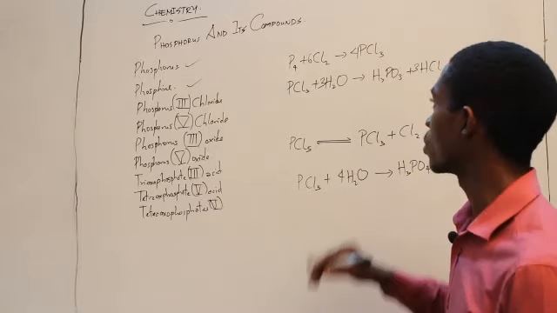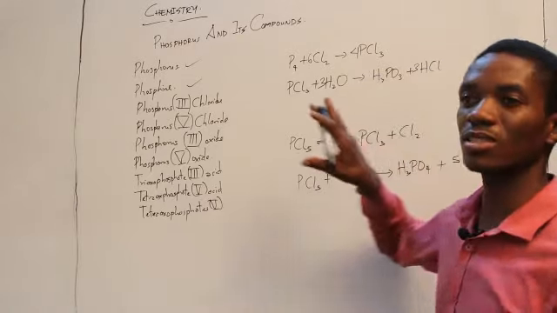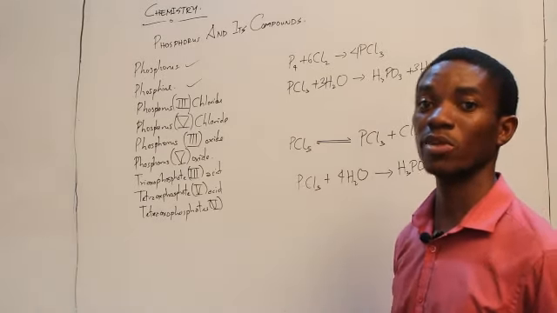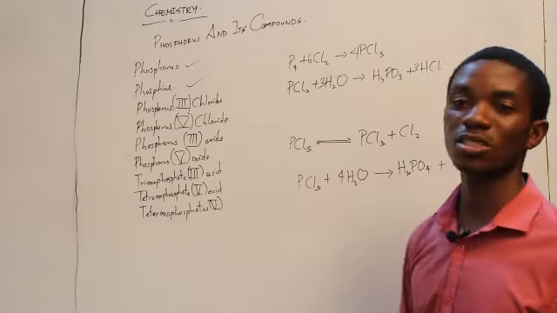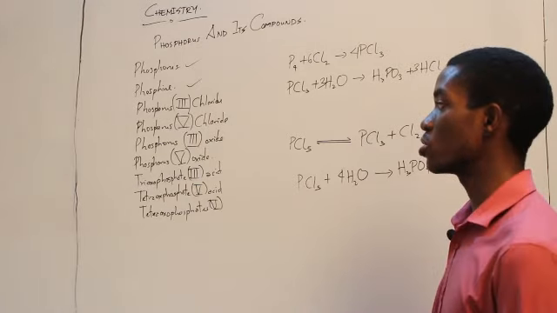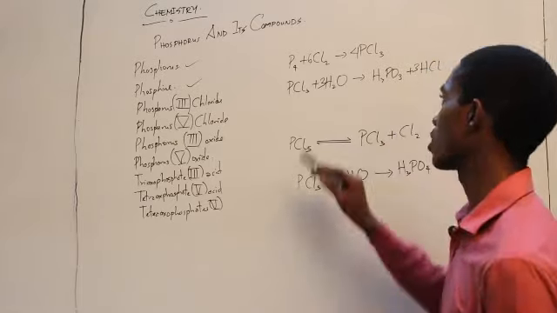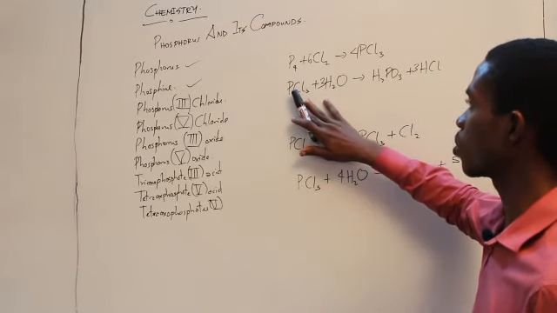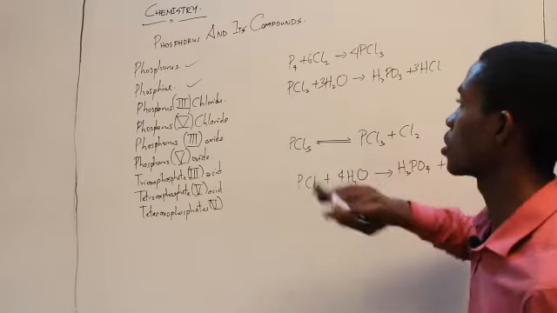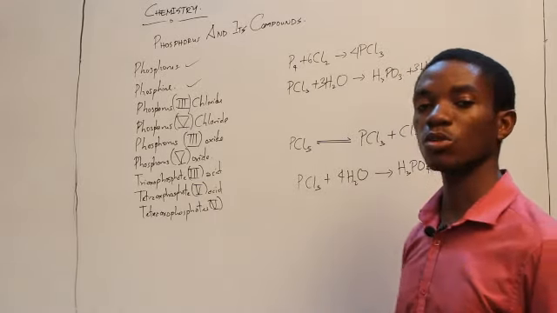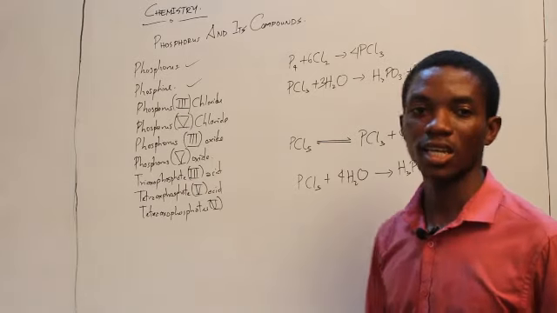This particular compound does not really partake so much in many reactions. One of these few reactions is the production of the trioxophosphate 3 acid. Of course, that is reacting the phosphorus 3 chloride with water to produce the acid, and it would also liberate hydrogen chloride gas.